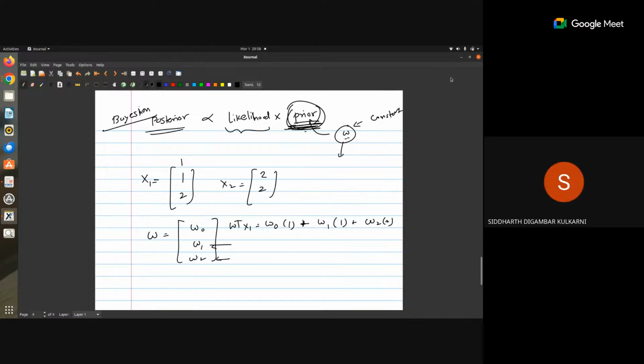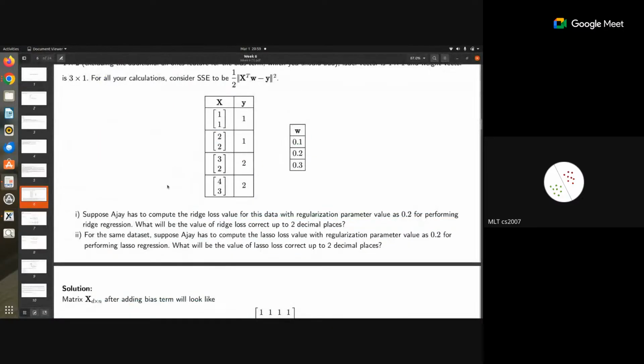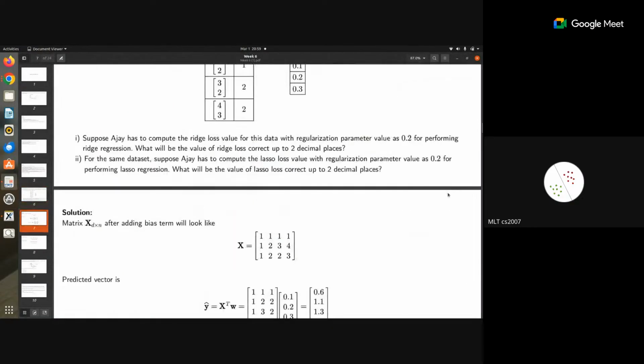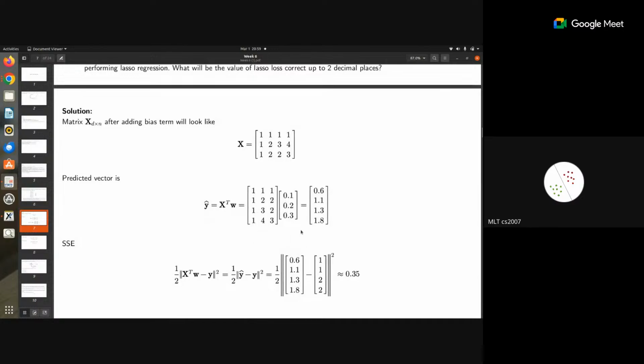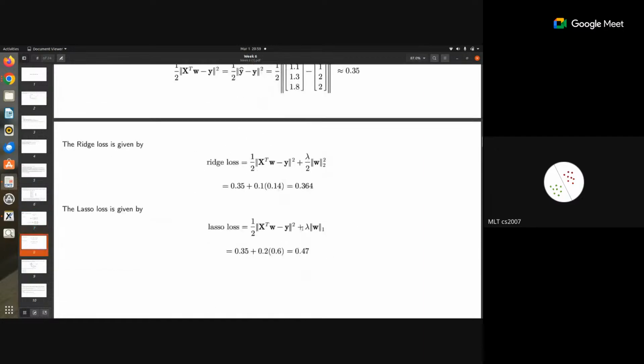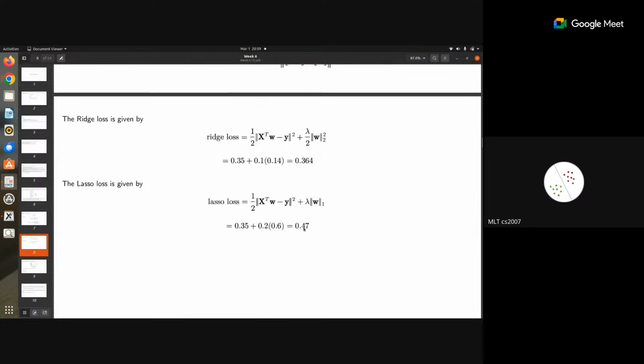Similarly, you will do it for Y1, the prediction for Y1, and we approach the others similarly. That's why we have to add 1 here. This is X transpose W, and X transpose W and W transpose X should be the same, because the dot product is commutative.